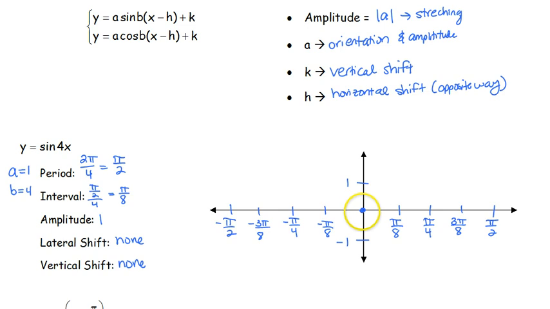Remember, sine graphs are going to start at 0, 0. Then they go up, down, down, up. That is going to represent one of your cycles. We go down, up, down. That's going to represent your second cycle.